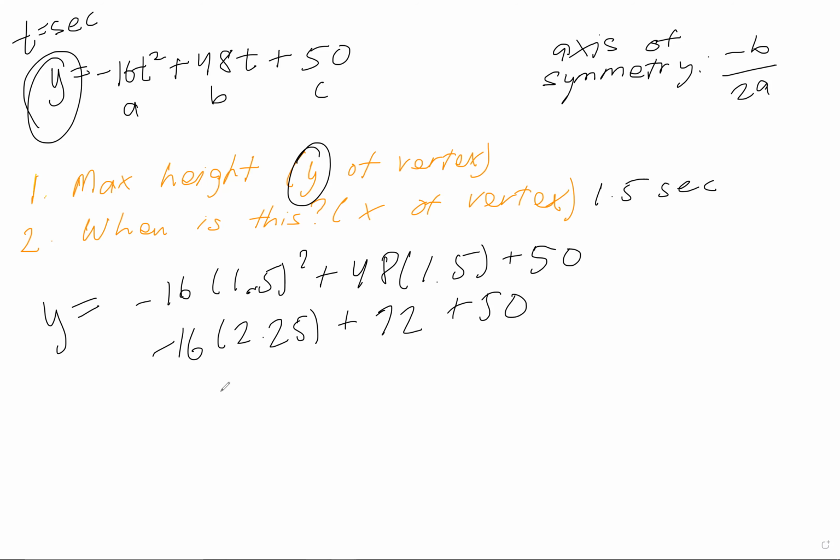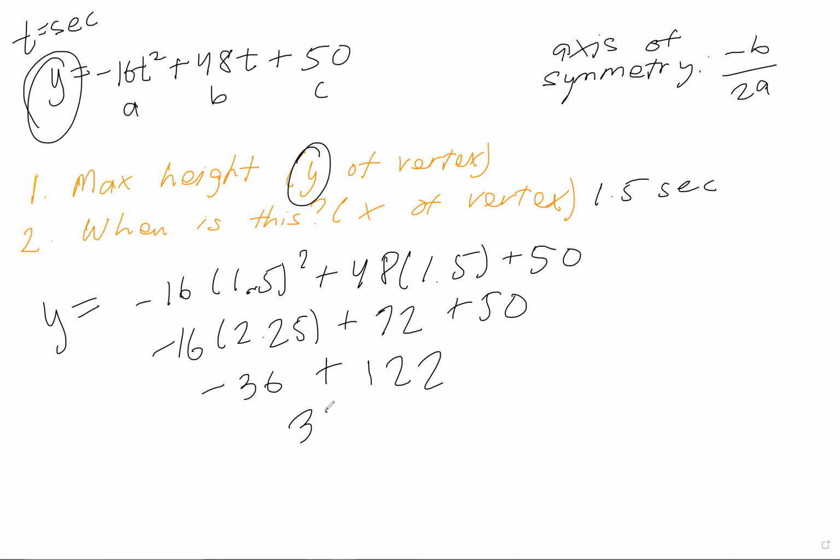And then negative 16 times 2.25 is negative 36. And 72 plus 50 is 122. Okay. Subtract 36. And you get 86.